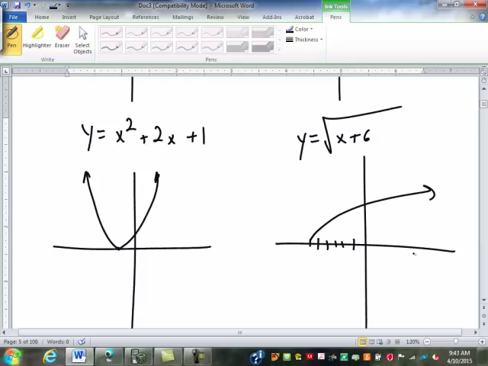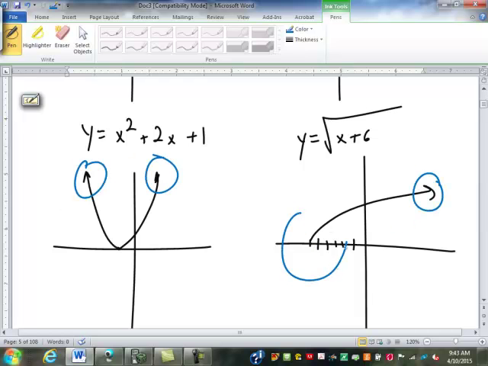Something like that. You'll notice on this one, by the way, all of them have arrows on both ends, except for this one has an arrow here, but not here. This one can't keep going in this direction. Because if x were smaller than negative 6, let's say x were negative 7. What's negative 7 plus 6? Negative 1. If we try to take the square root of negative 1, our calculator tells us error. We cannot take the square root of a negative number.